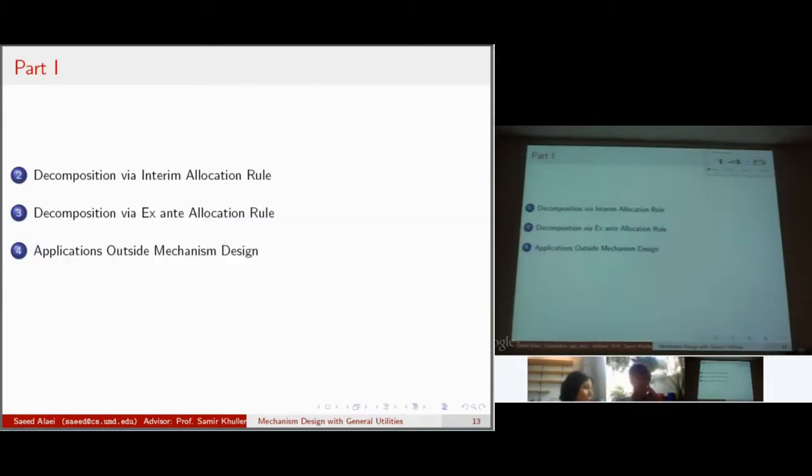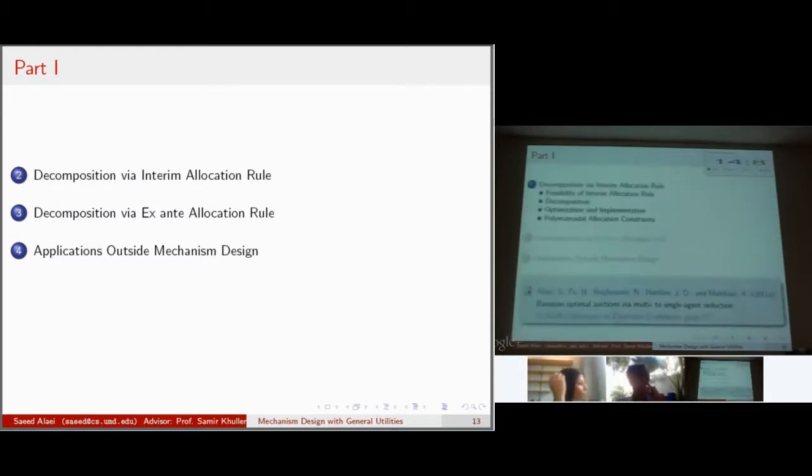Okay, so the first part of my talk basically has 3 sections. In the first one I explain the multi-agent to single-agent decomposition using the interim allocation rule. The second one is using the ex-ante allocation rule, and at the end I will talk about some applications outside of mechanism design.